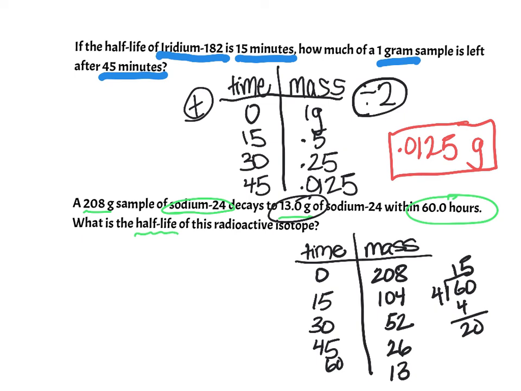So I counted the number of half-lives. Again, it was 1, 2, 3, 4 have gone by. I divided that time to find out the number is 15. So again, if I'm trying to answer my question, what is the half-life of this isotope? The answer is 15, and my units are hours.